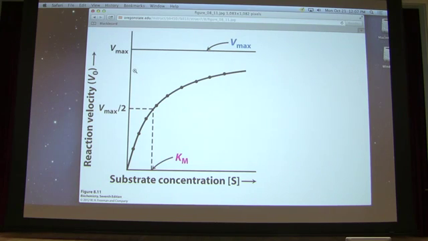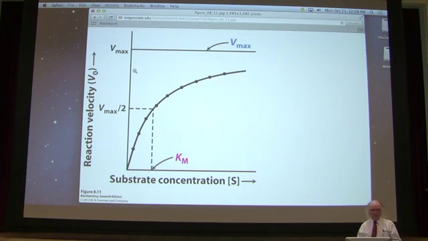But then do we just extrapolate from the graph of initial velocity? No, these are all initial velocities. So by measuring initial velocities, that's the highest velocity we're going to see. If we wait until we get to equilibrium, we'll have zero velocity because no change is happening. So we have to measure initial velocities in order to have a chance to even get up to Vmax. So it's initial velocity that actually bails us out.